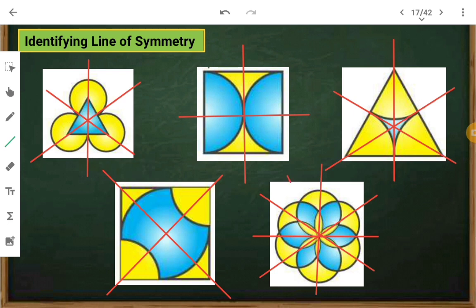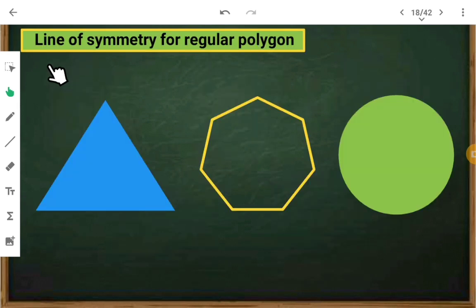No. Here also you are getting a line of symmetry, and here also you are getting a line of symmetry. Like this, you have to think of the lines of symmetry for a given object. Like that, you can get lines of symmetry for this one. Okay? Is it clear?